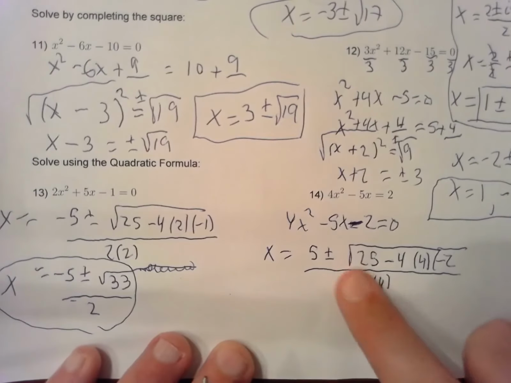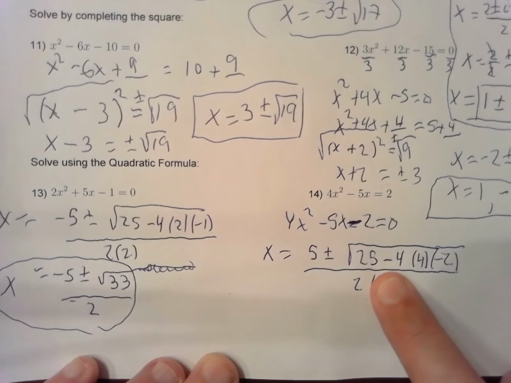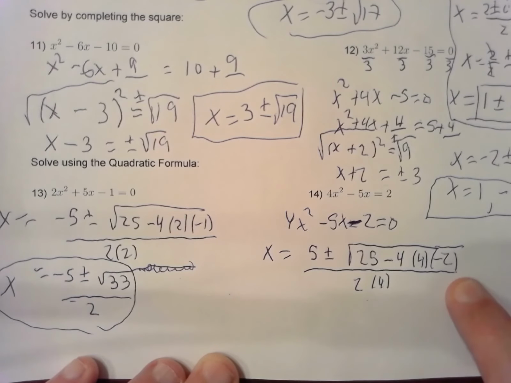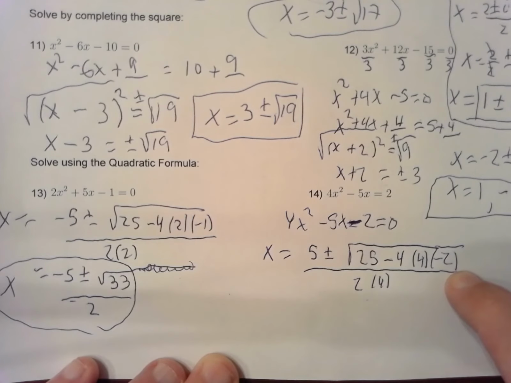Okay, let's just do all this math here. Order of operations, put that parenthesis there. Negative 4 times 4 would be negative 16, times negative 2 would be positive 32. So I've got 25 plus 32, which would be 57.